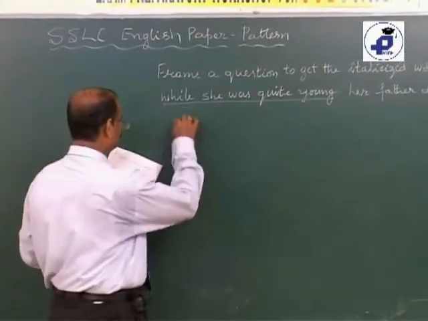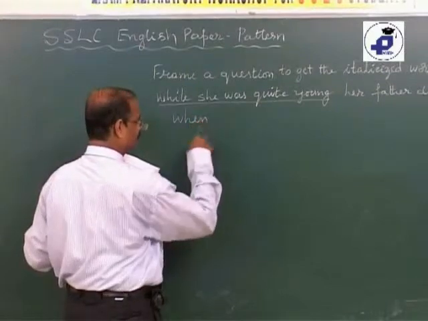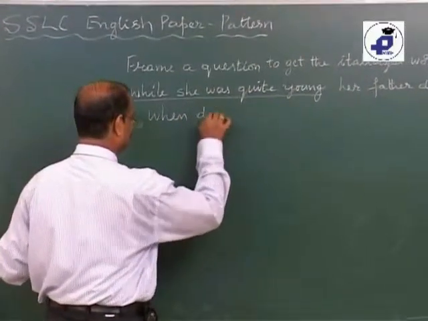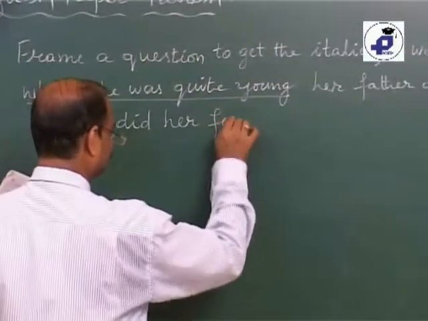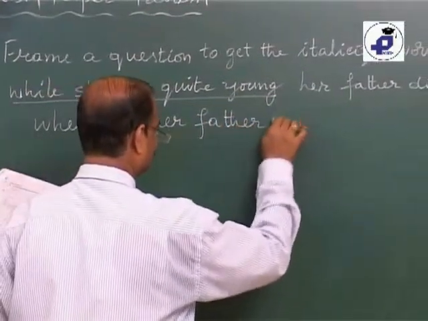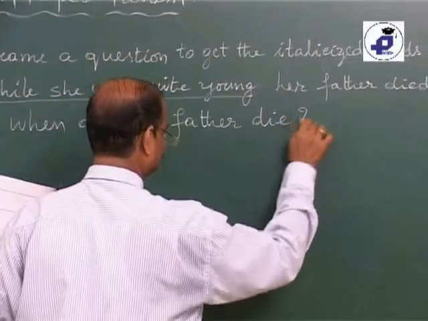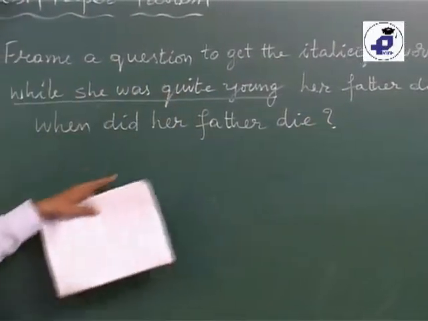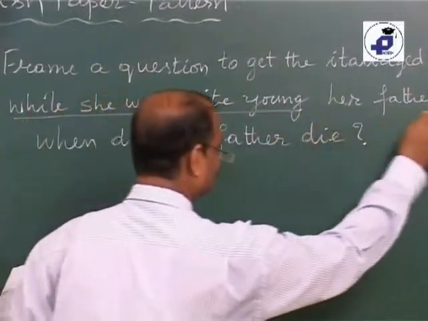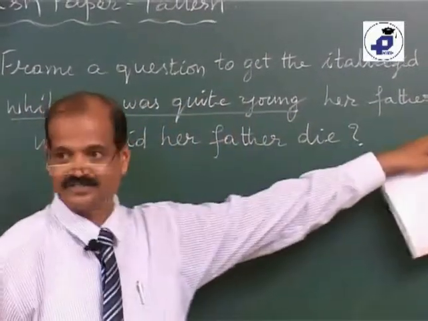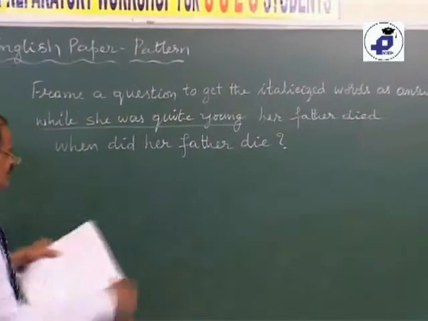The question will be like this: when did her father die? Now why did I use the word did? Because the sentence is past tense. While she was quite young, her father died. The word died is past tense. Therefore I use the word did here.